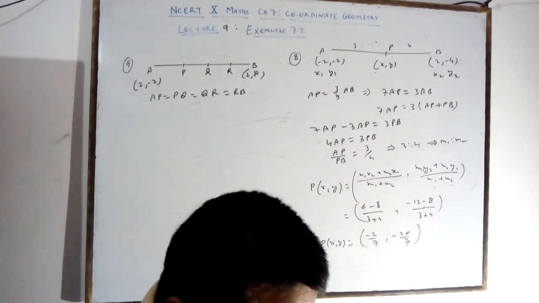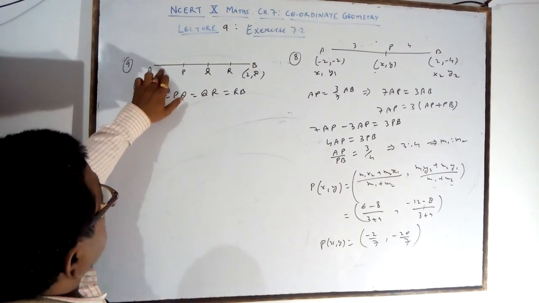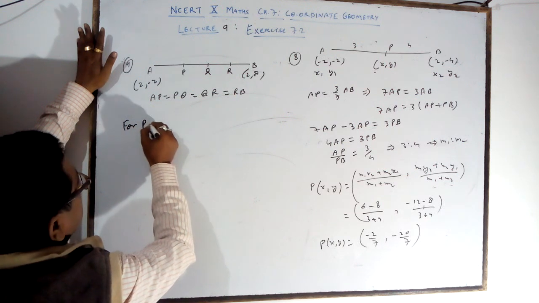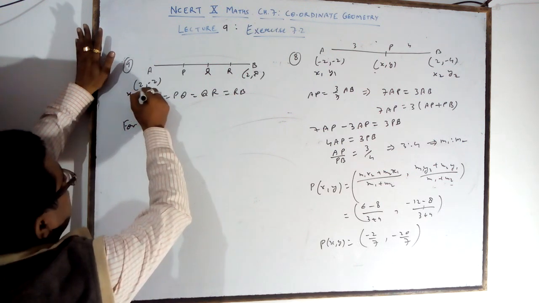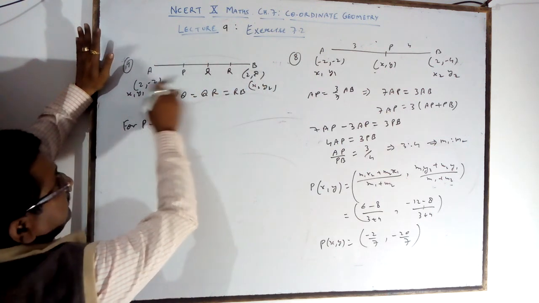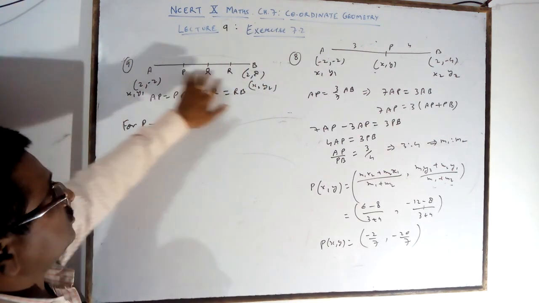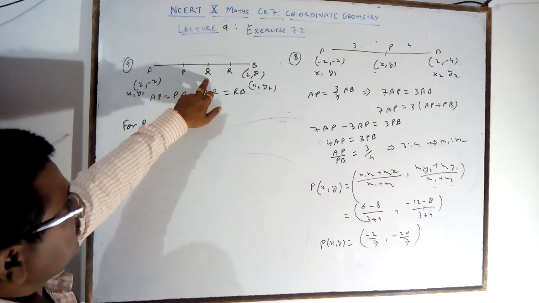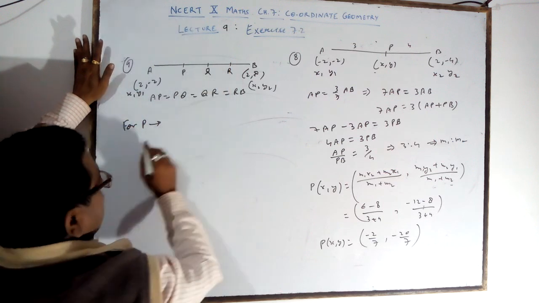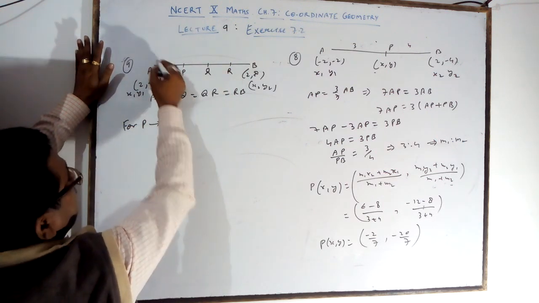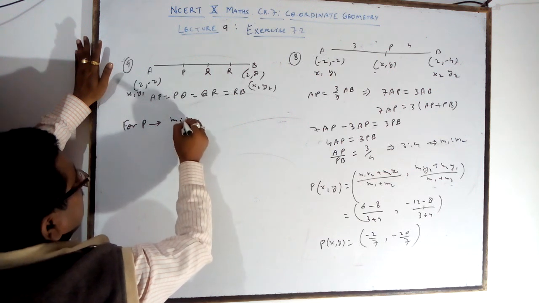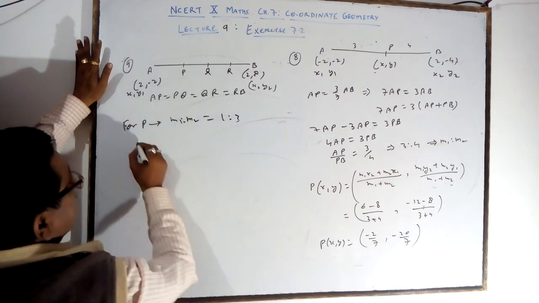So there are 2 methods. One: for P, it is x1 y1 and x2 y2. Q is the midpoint of AB in this case, so you can calculate Q by (x1 plus x2) by 2, (y1 plus y2) by 2. For P the ratio M1 to M2 will be 1:3.